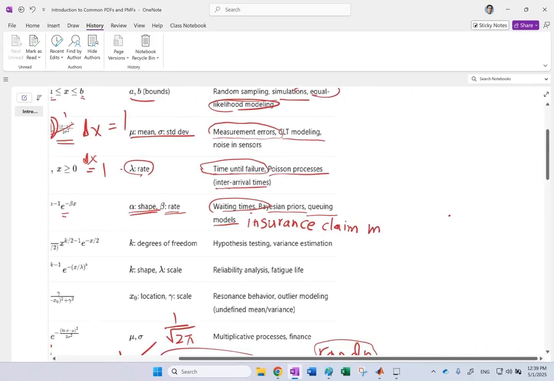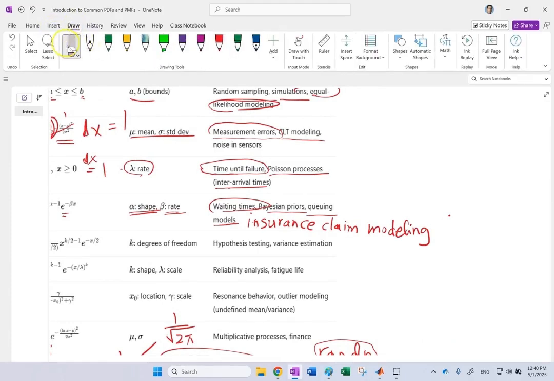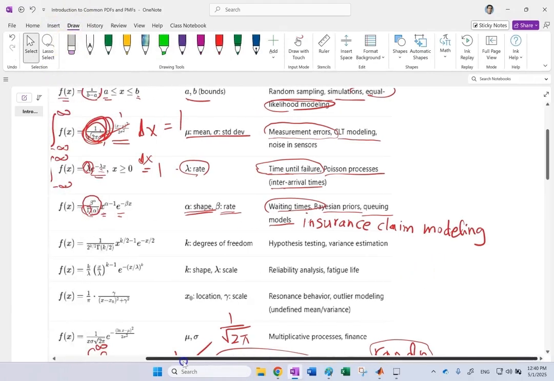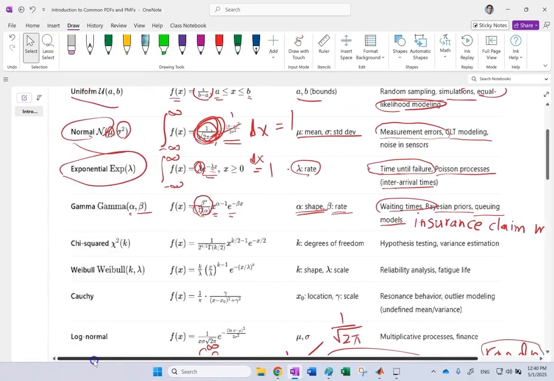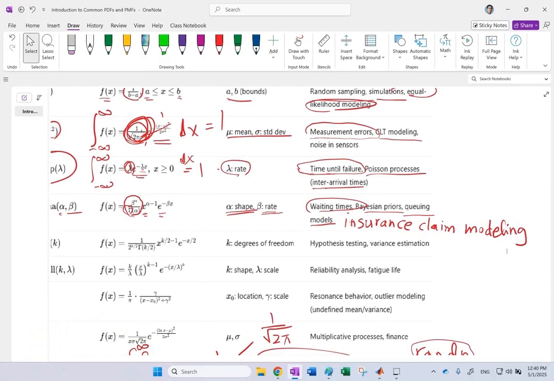If you want to model insurance claims, because nothing is perfectly deterministic, there is some randomness in it. If you want to look at modeling of insurance claims, and you can draw a probability function for that, or queuing times, then gamma is your function of choice.